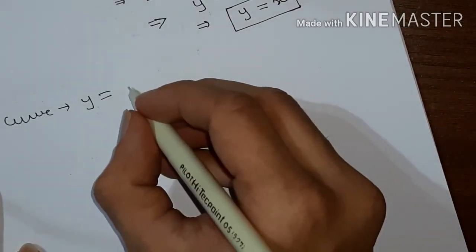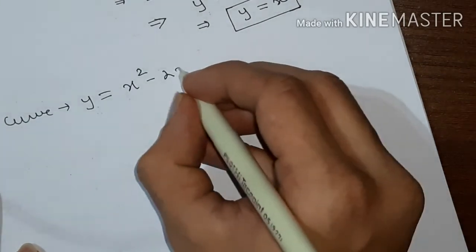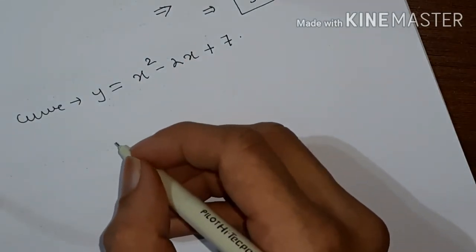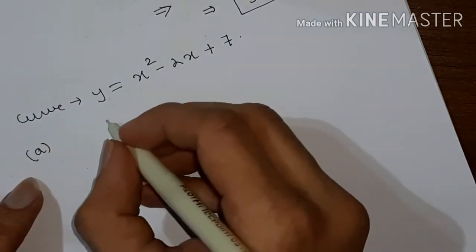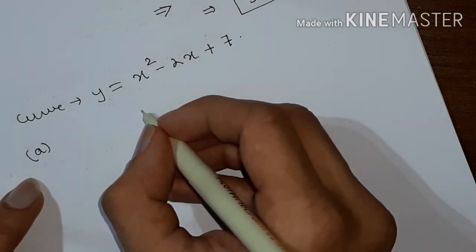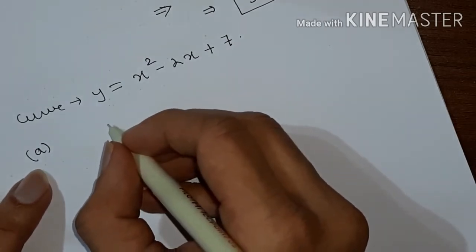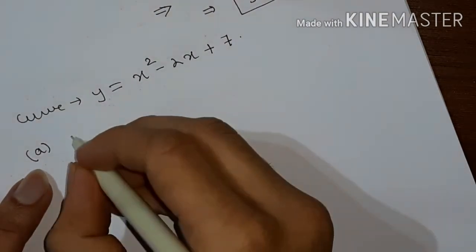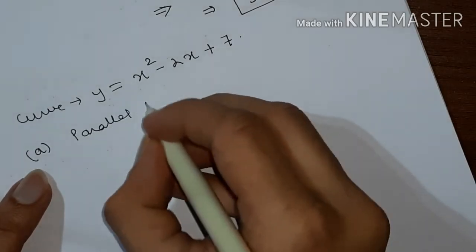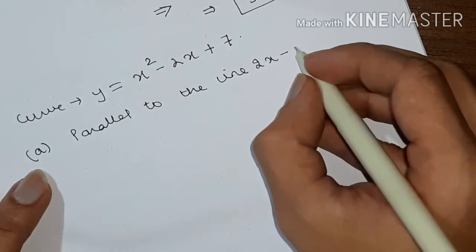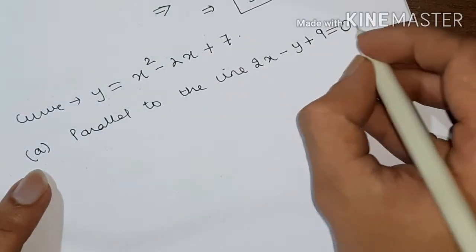So the curve given is y equal to x square minus 2x plus 7. The first sub problem is we have to find the equation of the tangent line parallel to the line 2x minus y plus 9 equal to 0. I'll write what we have to find first. Parallel to the line 2x minus y plus 9 equal to 0.